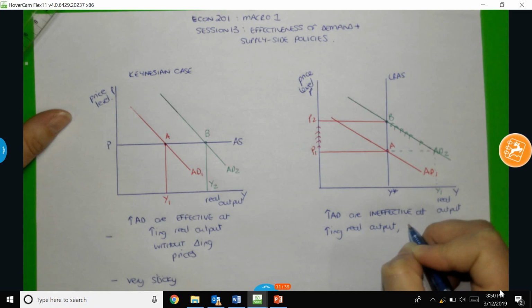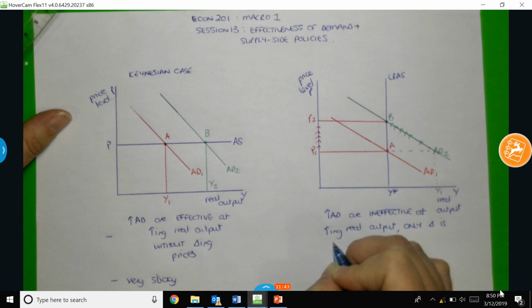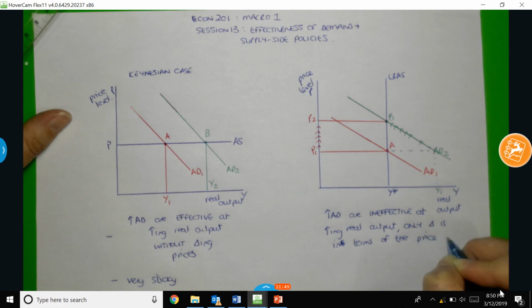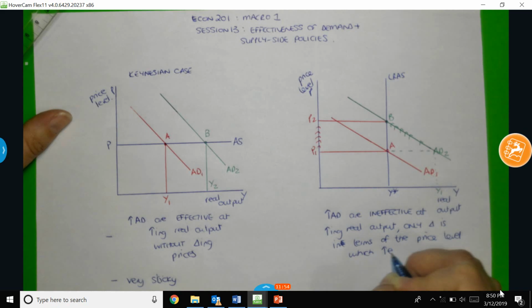The only change is in terms of the price level, which increases.